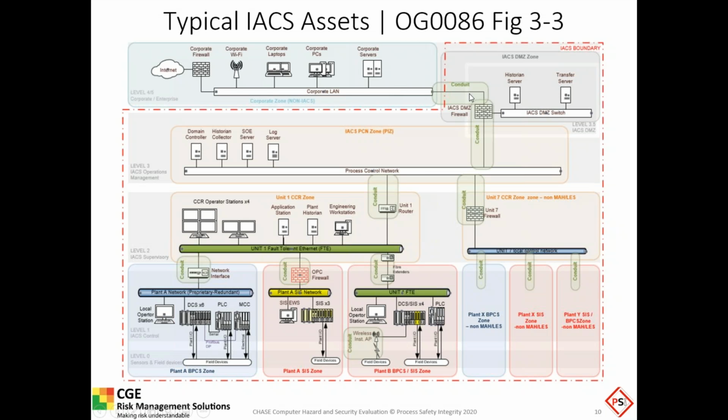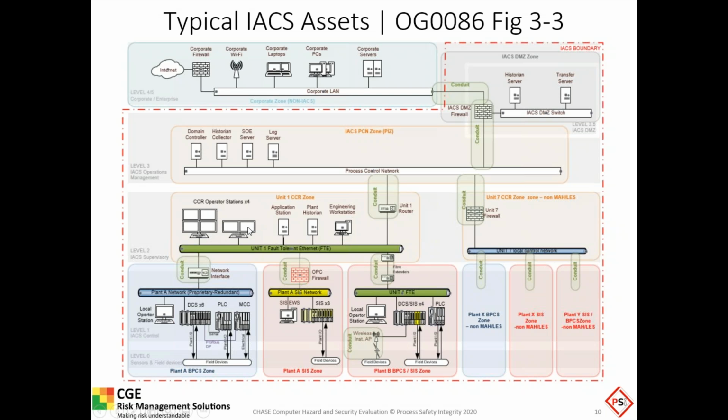And between those zones, we have a number of conduits, and these conduits allow data to be exchanged, but more worryingly, they allow attacks to propagate. So a breach in one zone can travel deeper into the system through these conduits. So it's important to understand the breadth and the depth that an attack could travel. And although the OG0086 representation is useful, there's a lot of unnecessary information here. We don't need to know that this has 4 screens and a keyboard.